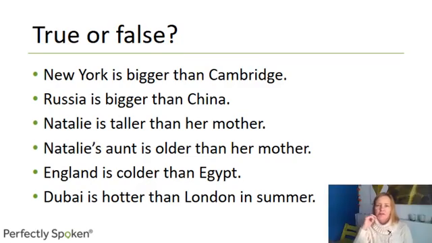Okay, so yes, the first one. New York is bigger than Cambridge. True. Russia is bigger than China. True. Natalie is taller than her mother. False. My mother is quite tall. Natalie's aunt is older than her mother, meaning my mother, not my aunt's mother.